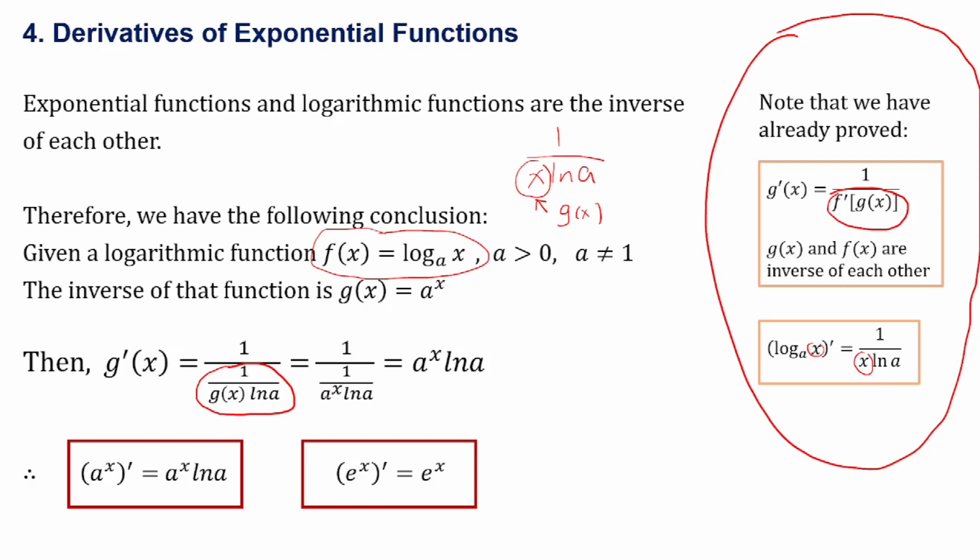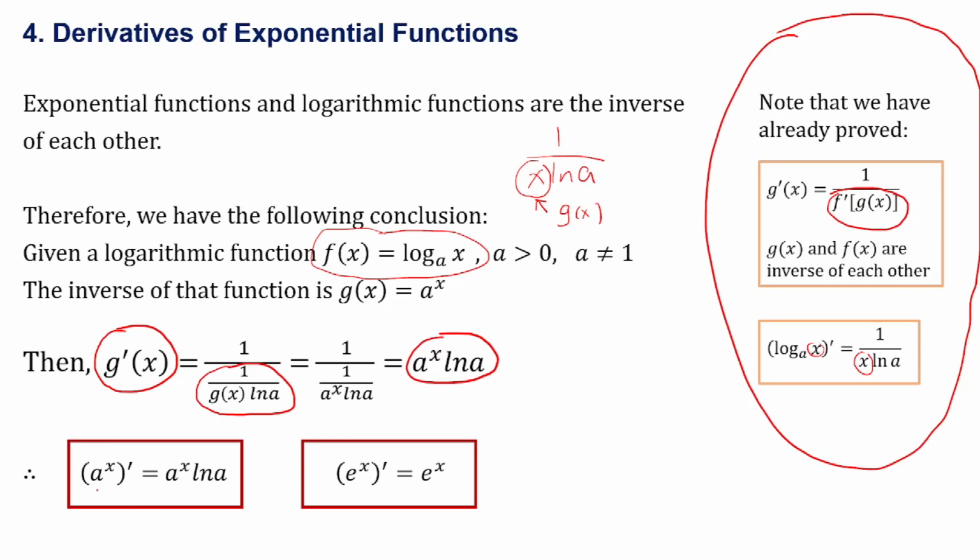So substitute that, and that gives us a to the power of x times ln a, right? ln a is log base e of a. Therefore, we have the derivative of g with respect to x equals a raised to the power of x times ln a, which means the derivative of the exponential function a to the power of x equals a to the power of x times ln a.